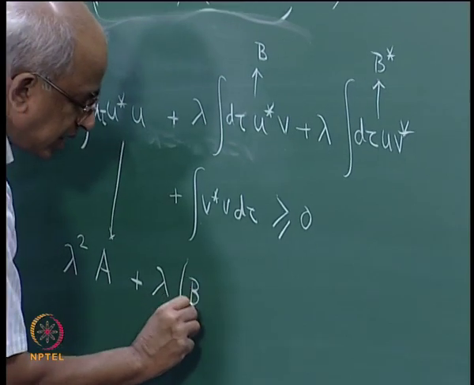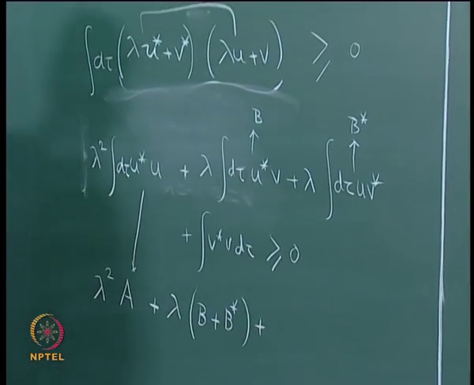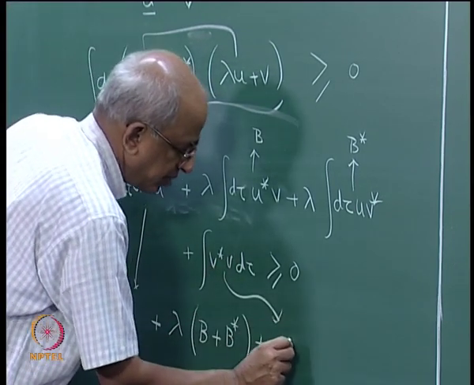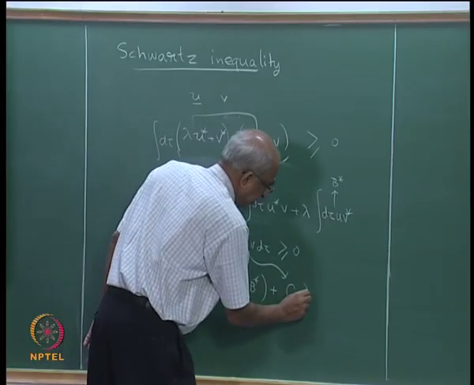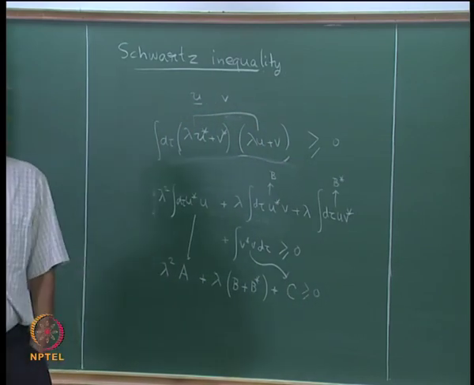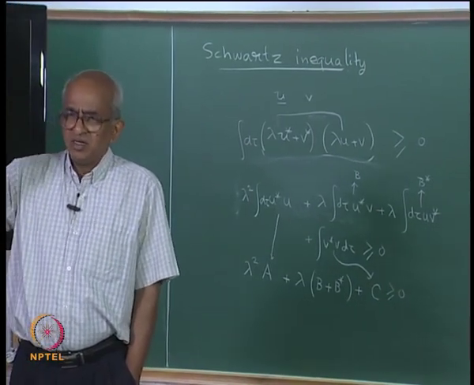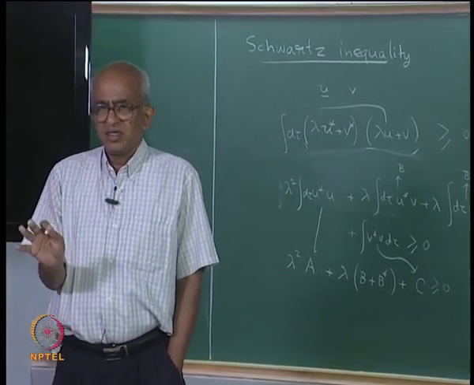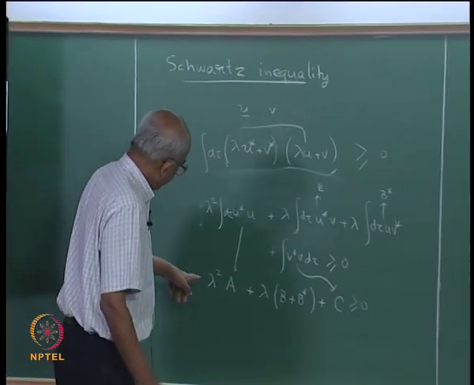So, here I can say lambda times B plus B star plus this object I am just going to denote it temporarily by the symbol C, and this has to be greater than or equal to 0. And it does not matter what the value of lambda is, this is greater than or equal to 0. You can give any value, whether negative or positive, it is guaranteed to be greater than or equal to 0, correct. So, you look at this, it is a quadratic in lambda.